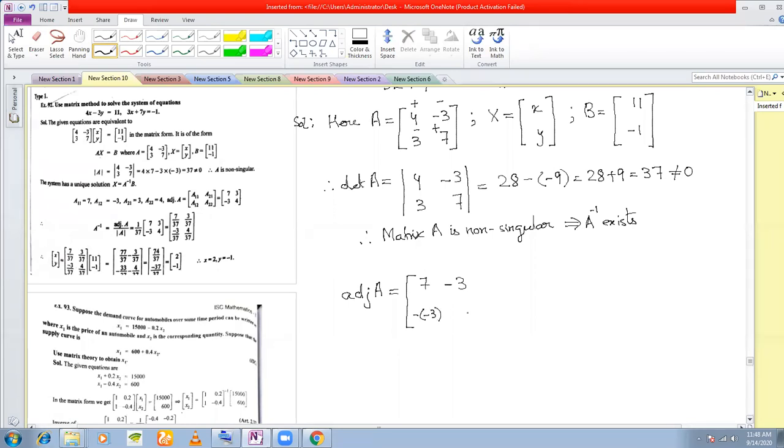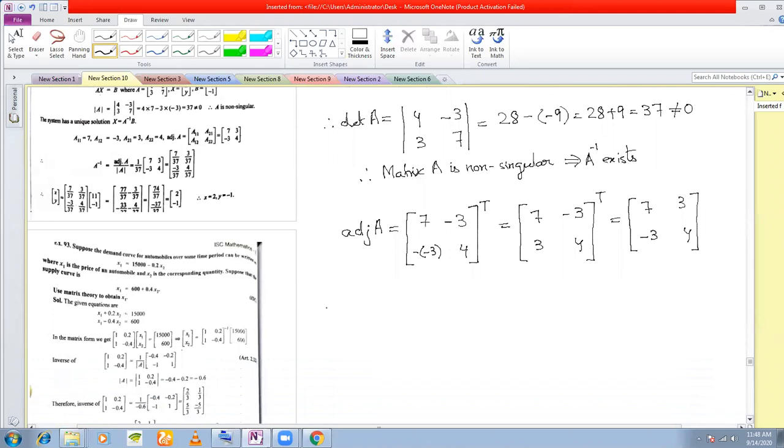And the minor of 7 is 4 with a plus sign. This matrix taken transpose, so you get 7 minus 3, 3, 4 transpose. And therefore you have 7 minus 3, 3, 4. So this is your adjoint.